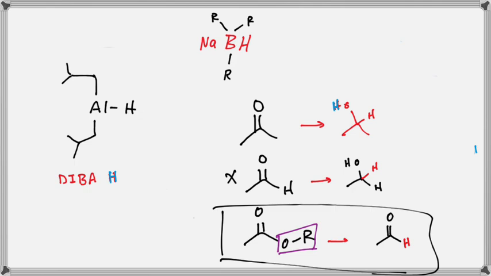It is more colloquially commonly referred to as DIBAL, because aluminum has an L in it. So you'll hear reference to DIBAL, and that's what it's doing. It is a very selective reagent for a single functional group, and it does a single reductive step instead of doing a cascading effect.